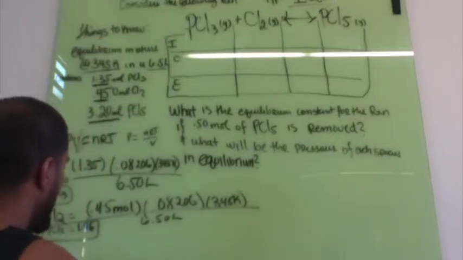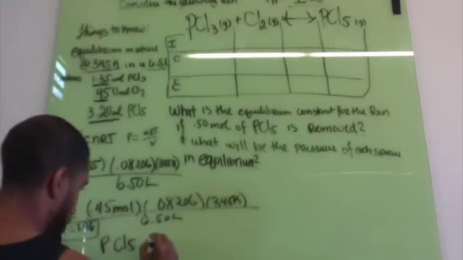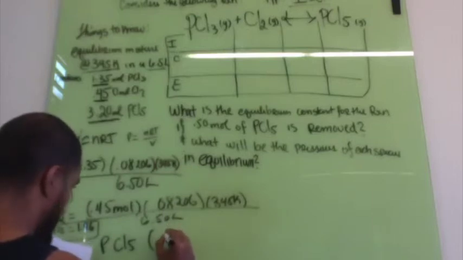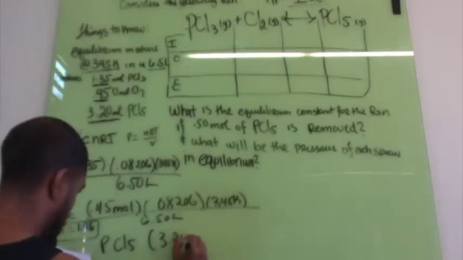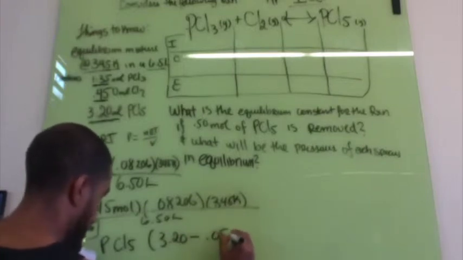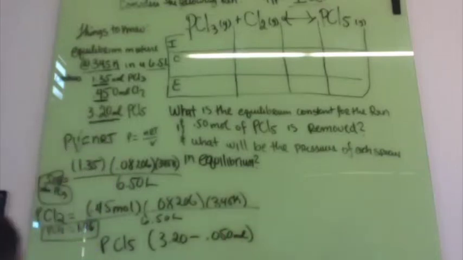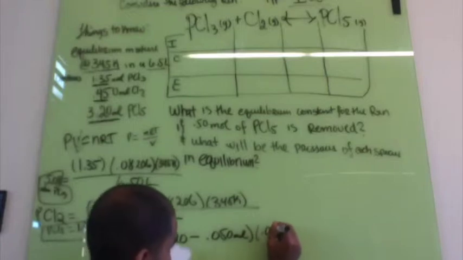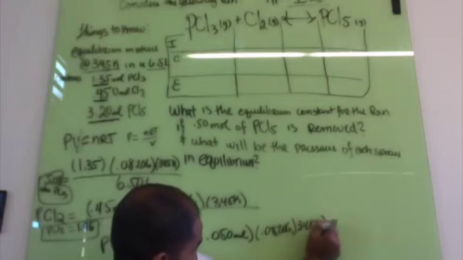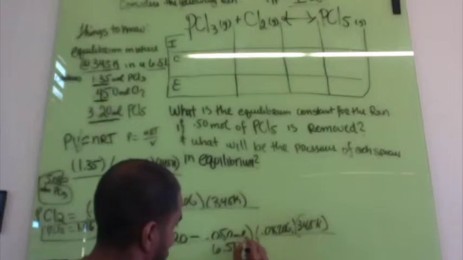So, what we're going to do for this one here is when we put in our n in our PV/nRT equation, 3.2, we're going to subtract 0.05 mole from that, times our 0.08206 times 345 Kelvin, all over 6.5 liters.